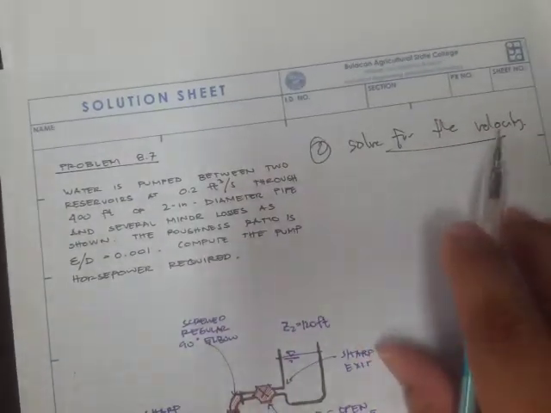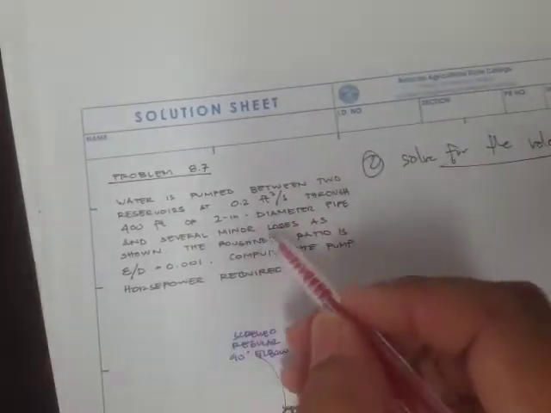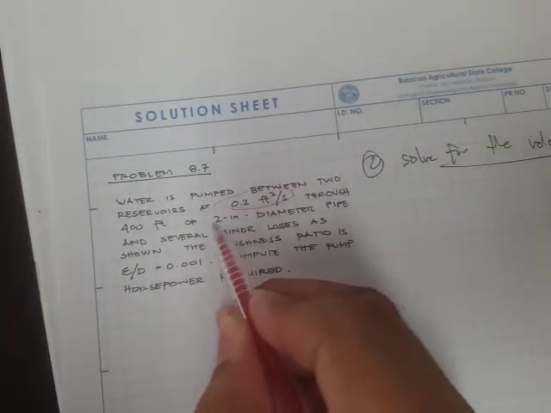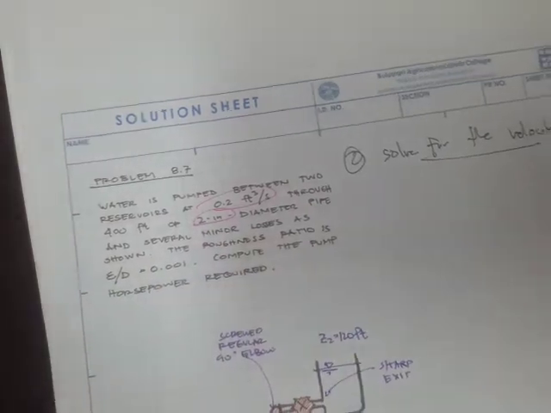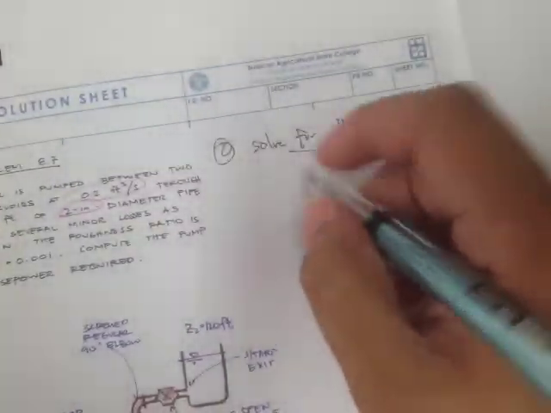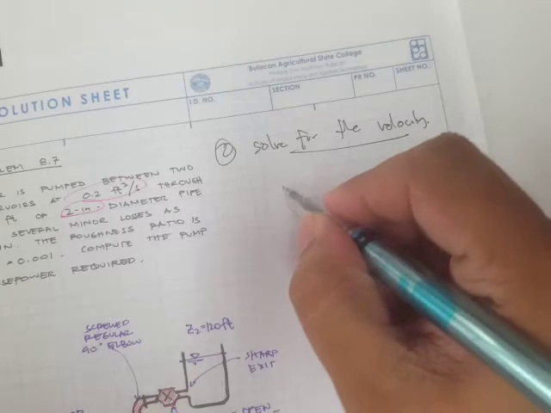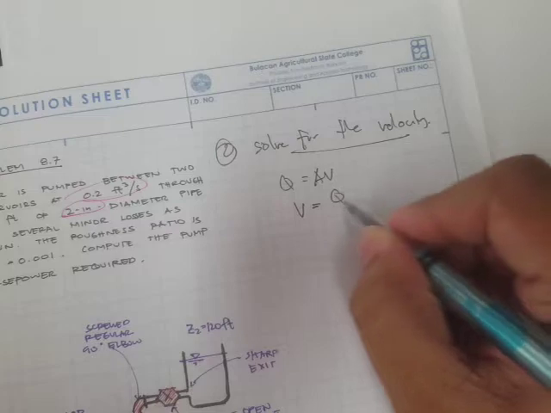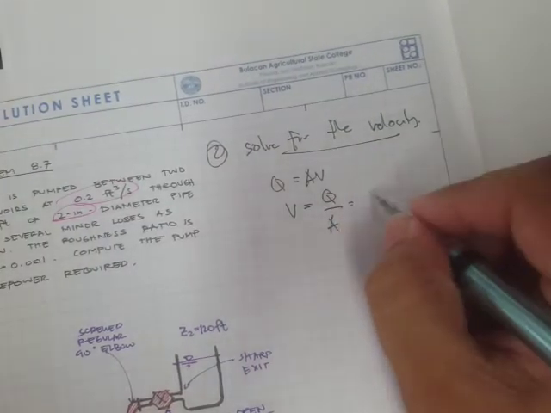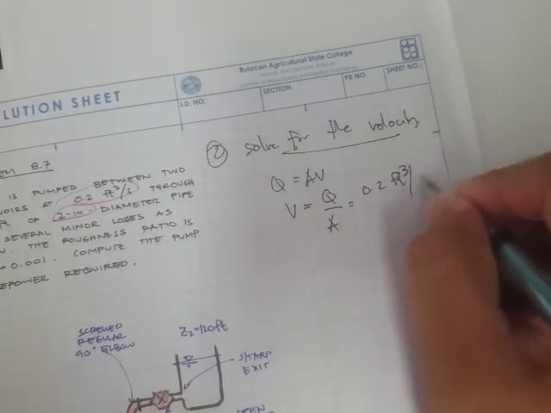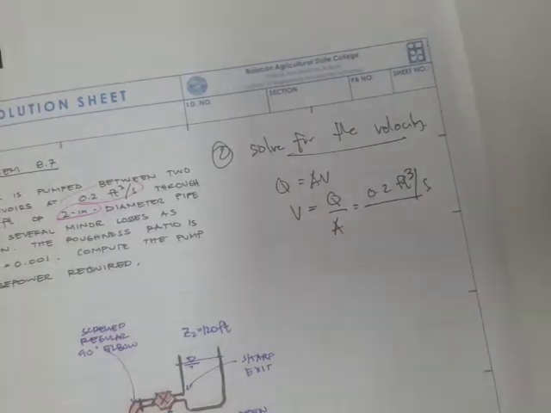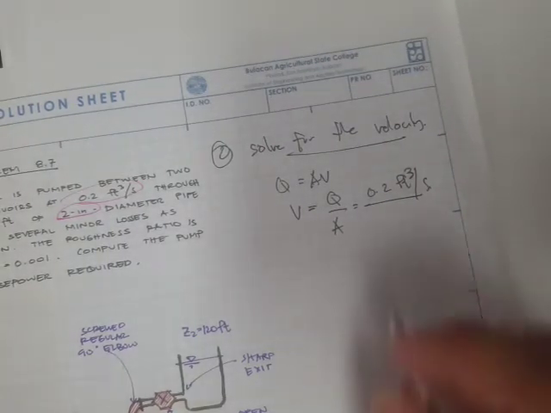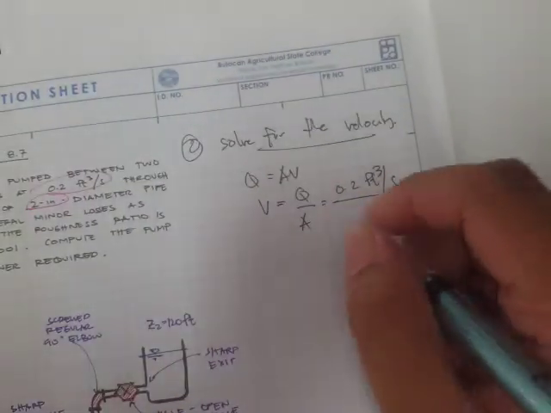Okay, so we're not actually given directly the velocity, but we have the flow rate plus we have this diameter, 2 inches diameter. So that's going to be the flow rate equation. Q is equal to AV, and therefore velocity is just simply Q all over A, and our Q is 0.2 feet cubed per second, and our A would be, of course this is 2 inches, then you have to convert that to feet.